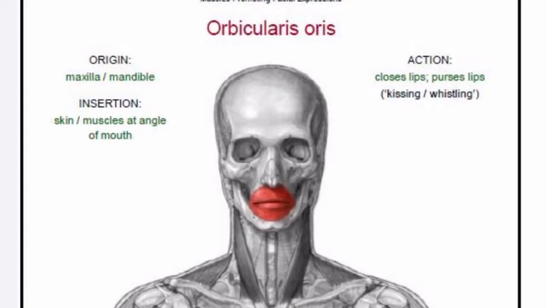The next is orbicularis oris here. The action is to close the lips or to purse the lips. Next is the mentalis muscle here. The action is to wrinkle the chin.